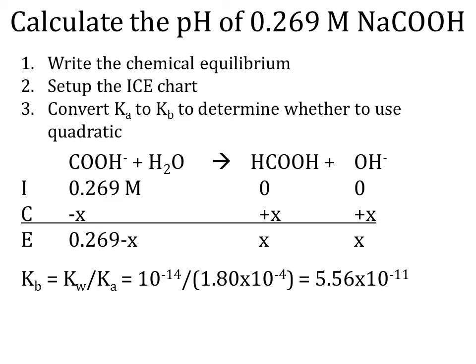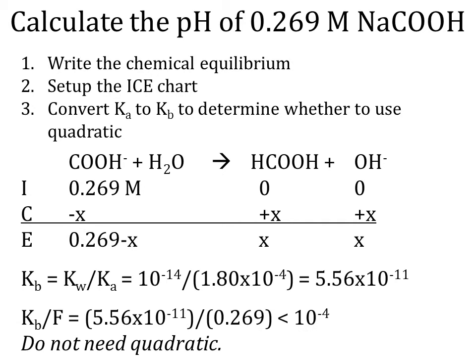Because we are solving for a weak base, we again must convert Ka to Kb to determine whether to use the quadratic. We divide Kw, 10 to the negative 14, by Ka for formic acid, which is 1.8 times 10 to the minus 4. The quotient Kw divided by Ka then gives us a Kb value for formate of 5.56 times 10 to the negative 11.